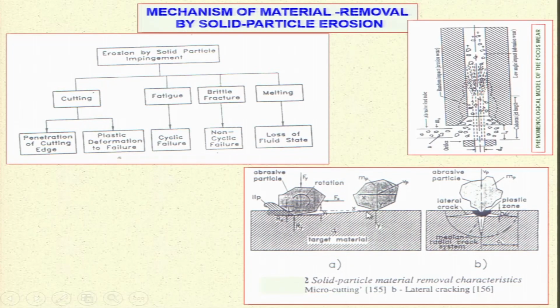In case of plastic deformation, penetration first takes place due to the normal force, and there is a shearing force because of which plastic deformation takes place, and you get the chip over here. This chip may be macro chips or micro chips depending upon what normal force is acting and what is the penetration depth in the workpiece.